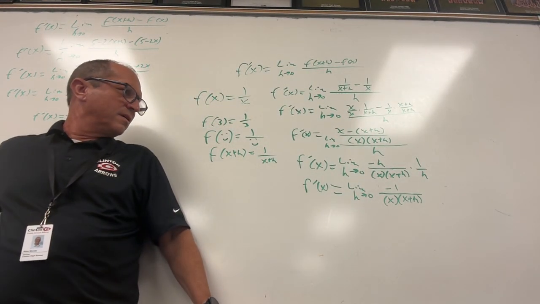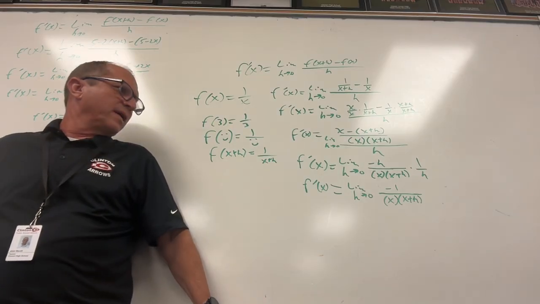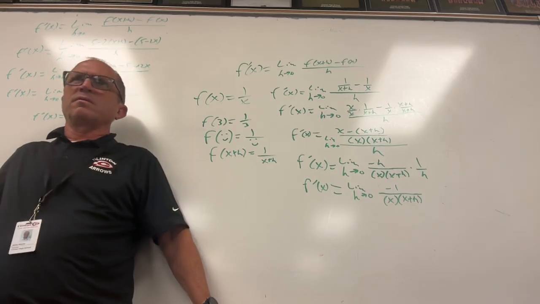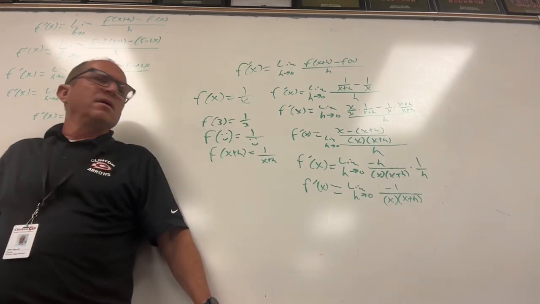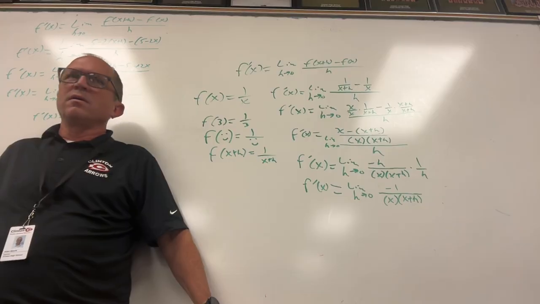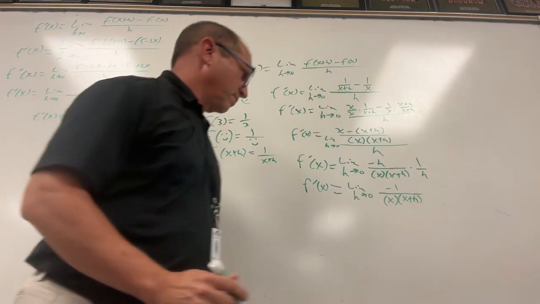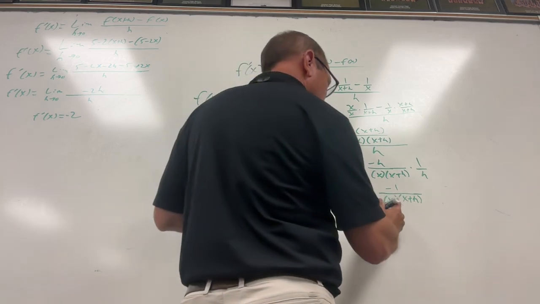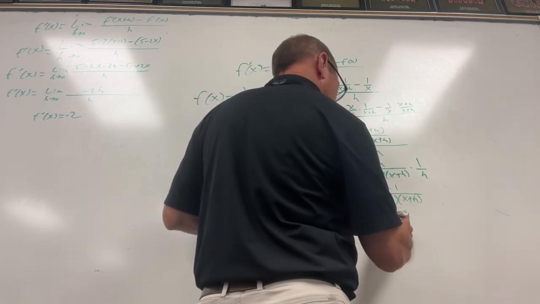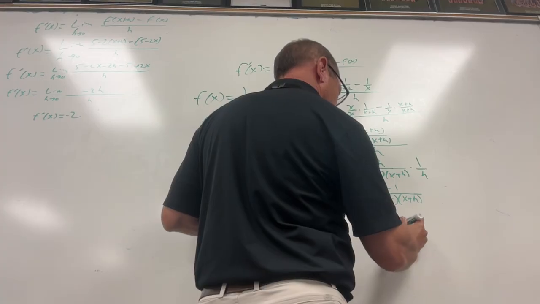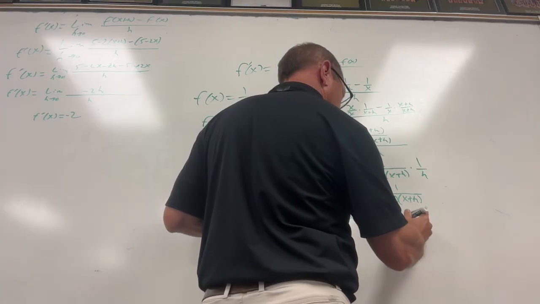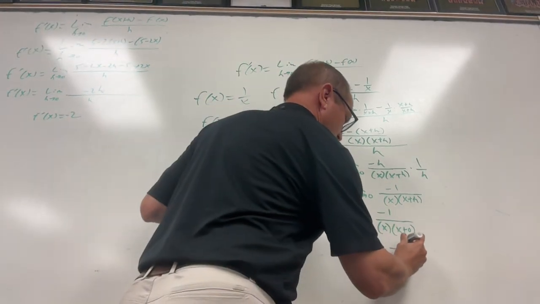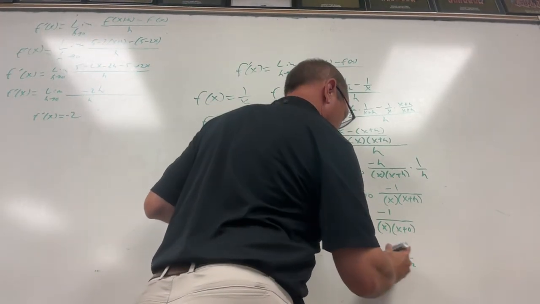Well, what happens when we plug in 0 for h now? Do we get 0 over 0? No, we don't. What do we get? I'm going to do this in 2 steps: negative 1 over x times x plus 0, right? Which would be negative 1 over x squared.